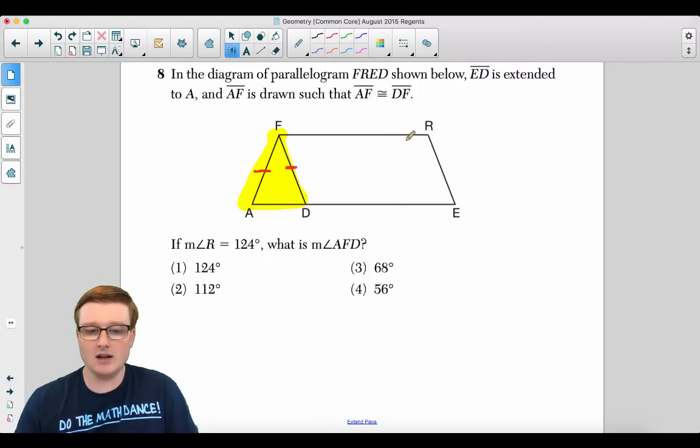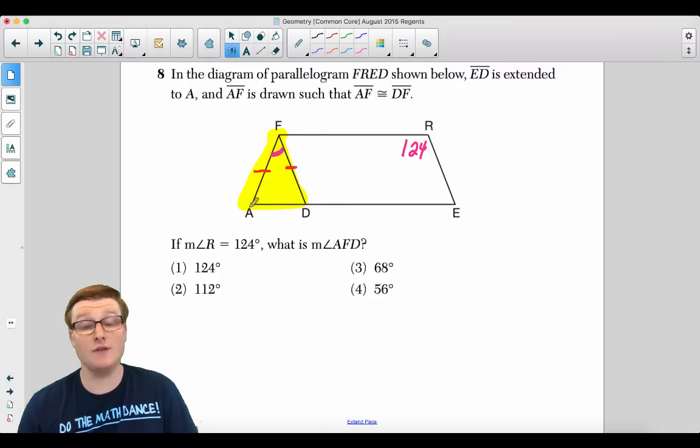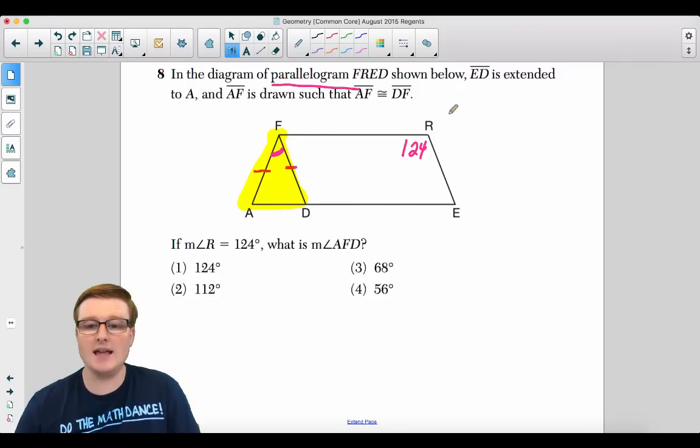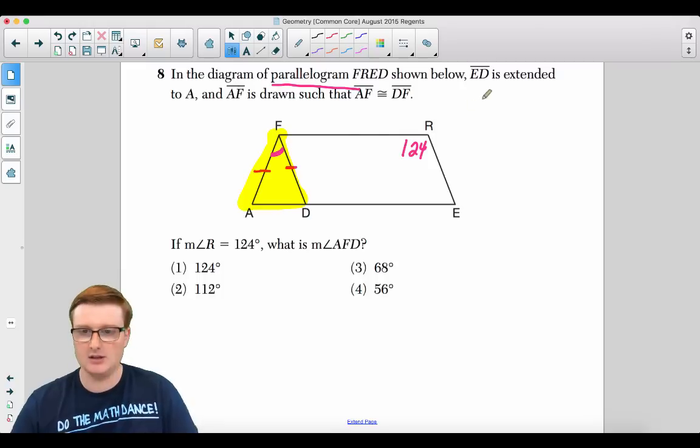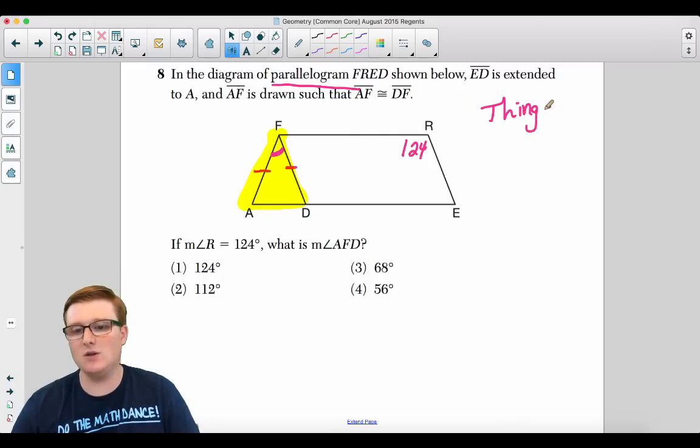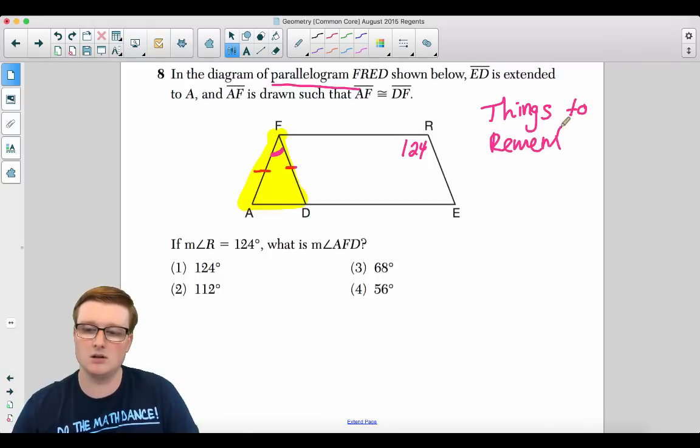And it says if the measure of angle R is 124, what is the measure of angle AFD? That's up here. We're trying to find that angle. You need to know that in a parallelogram, opposite angles are congruent. So these are just some things to remember. And if you want to jot these down, I encourage you to do so.